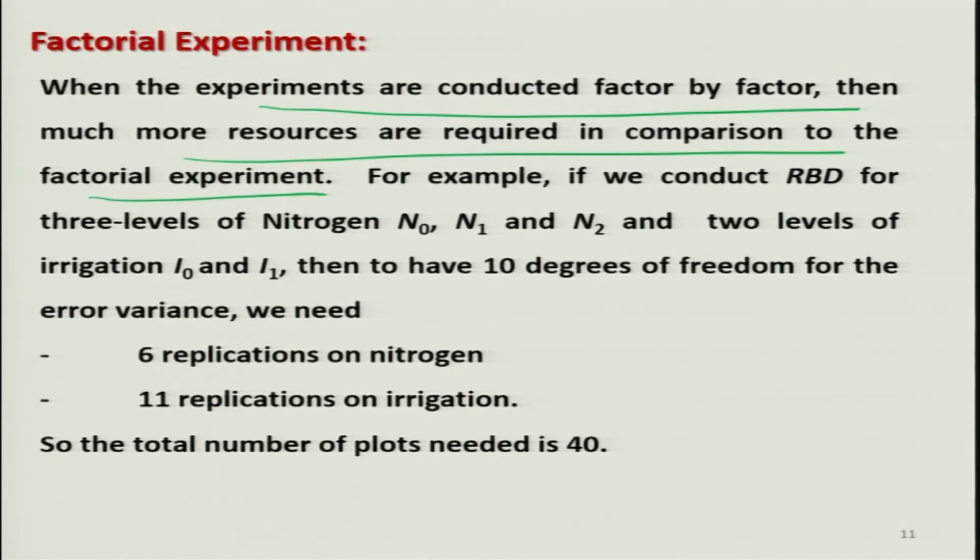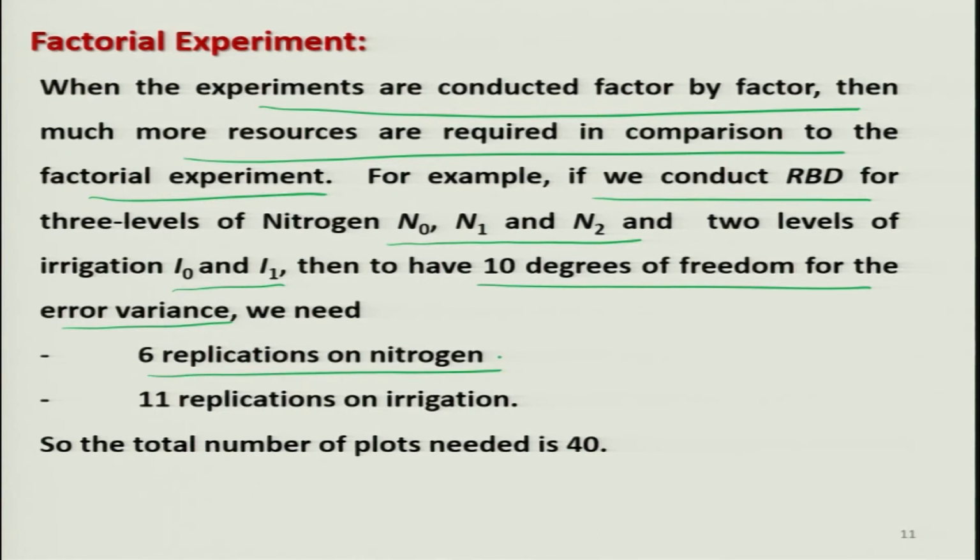For example, in this case, for 2 levels of irrigation and 3 levels of nitrogen, if we want to compare their effects, and if we conduct the randomized block design for the 3 levels of nitrogen at N0, N1 and N2, and 2 levels of irrigation at I0 and I1, then if we want to have 10 degrees of freedom for the error variance, we need 6 replications on nitrogen and 11 replications on irrigation.